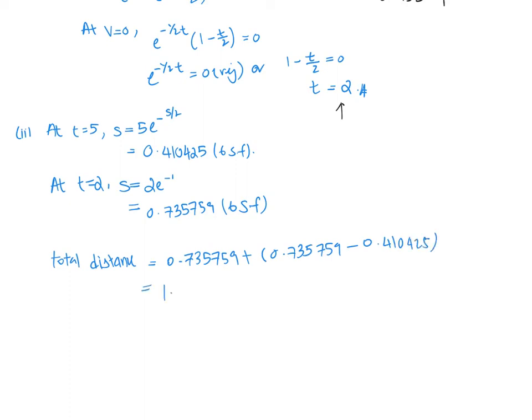If you were to round it off to 3 SF, you should get 1.06 meters. So that will be the answer for 5 part 2. So we have come to the end of the consultation worksheet. Thank you for listening.